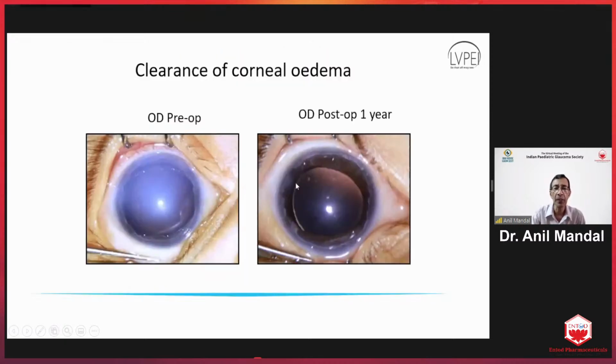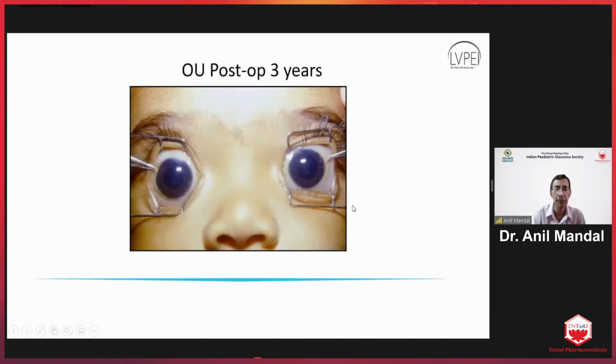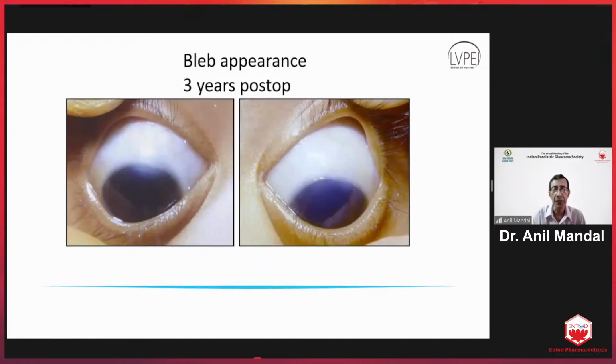This is preoperative versus 1 year postoperative appearance of the cornea, showing corneal edema clearance totally. This is the pre-op versus 1 year postoperative appearance of the left eye, and this is the 3-year bleb appearance. You can see the right eye and left eye, both the eyes' bleb appearance satisfactory.